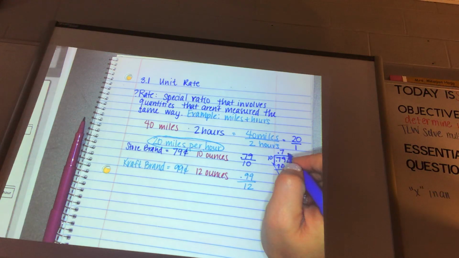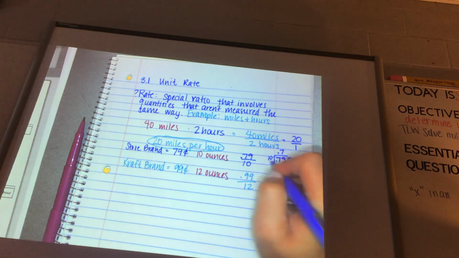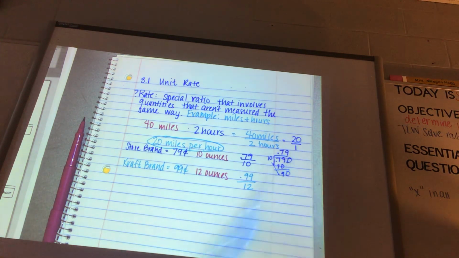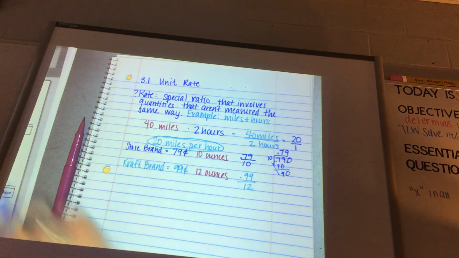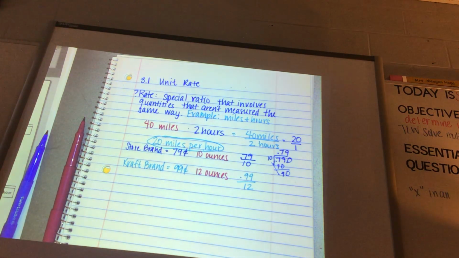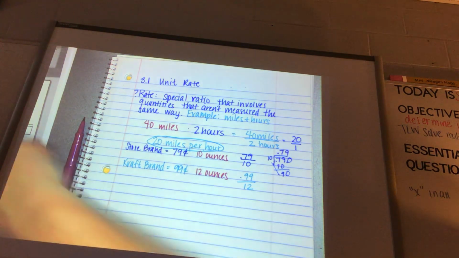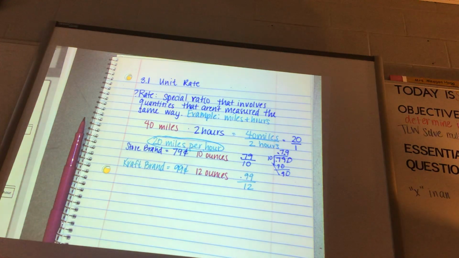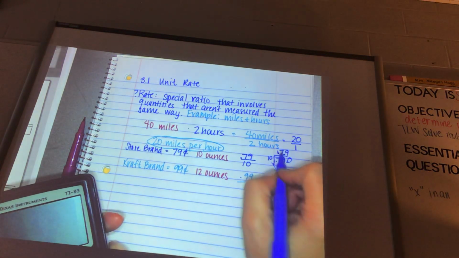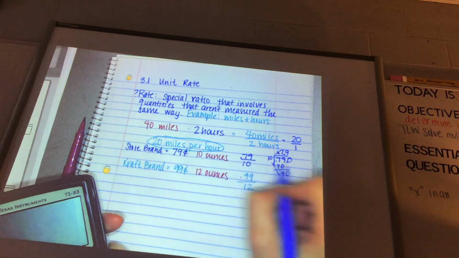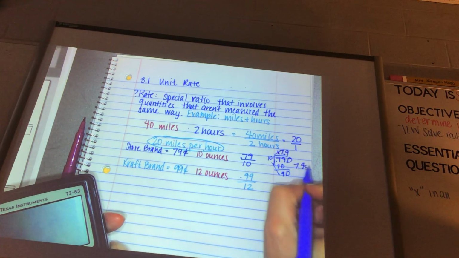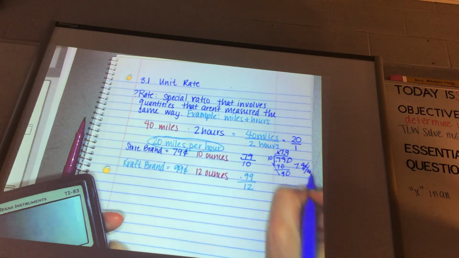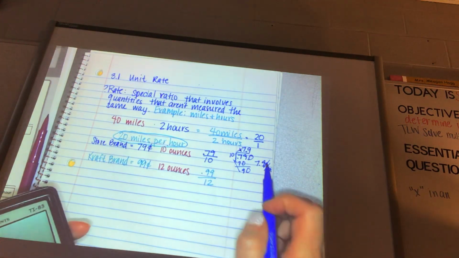Okay, so what you would end up having here is, it's actually going to be 7.9. My bad, I set that up wrong. 7.9 cents an ounce. So this is wrong. 7.9 cents, it's a cent sign, per ounce, would be the price of the unit rate of the store brand.